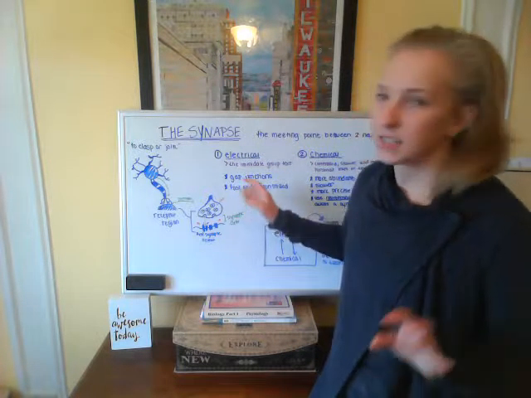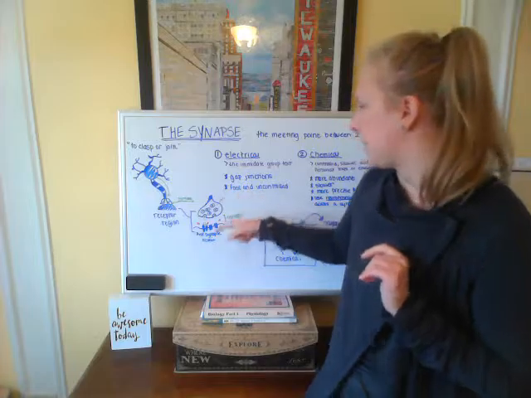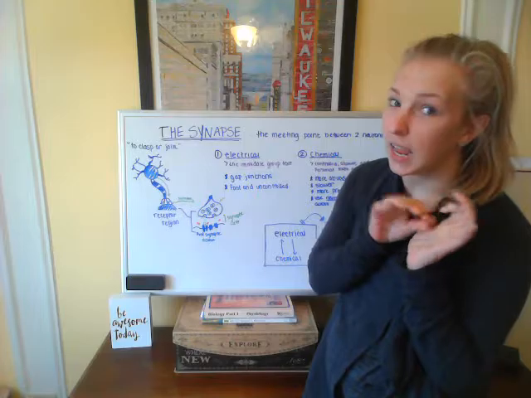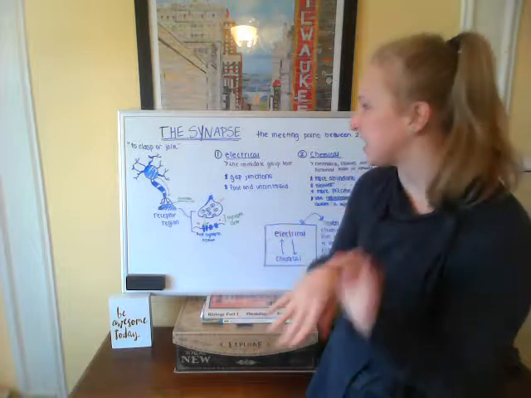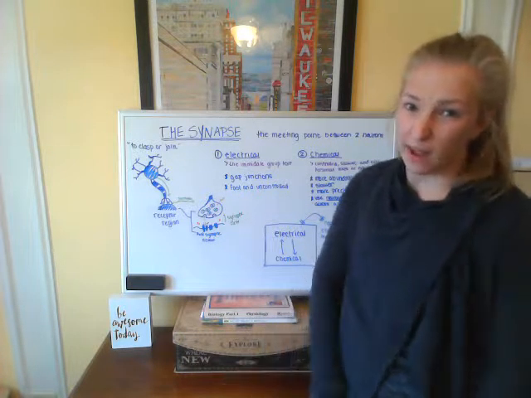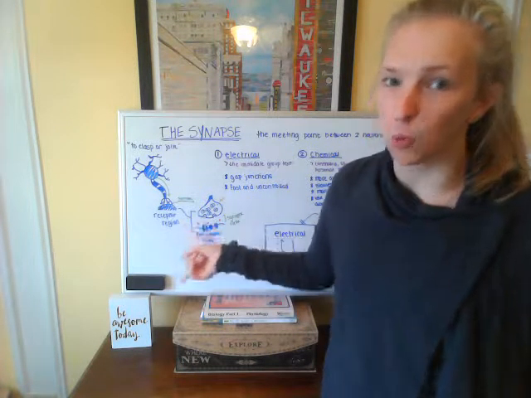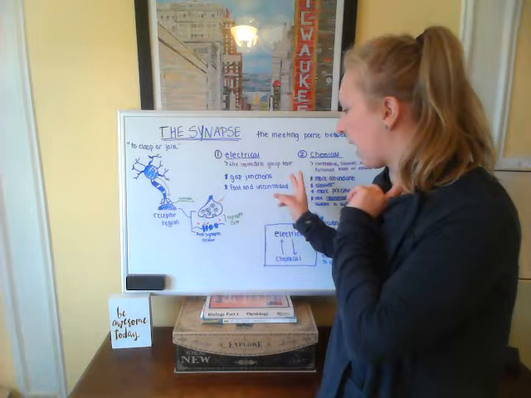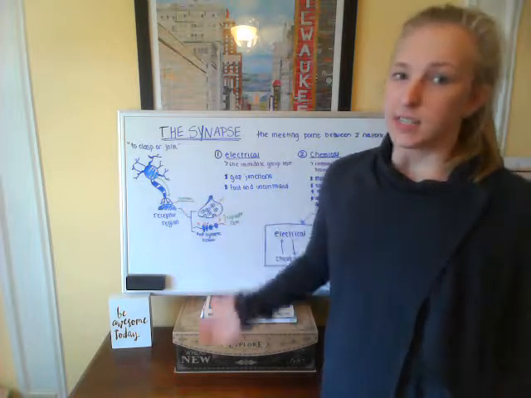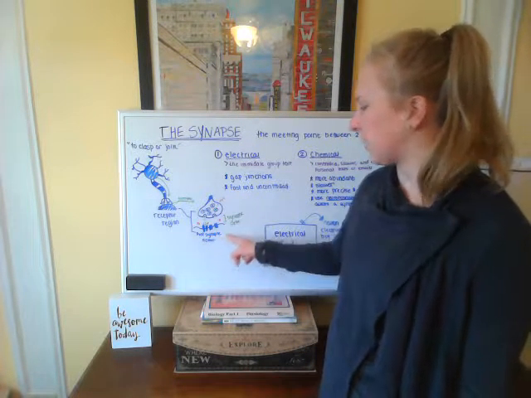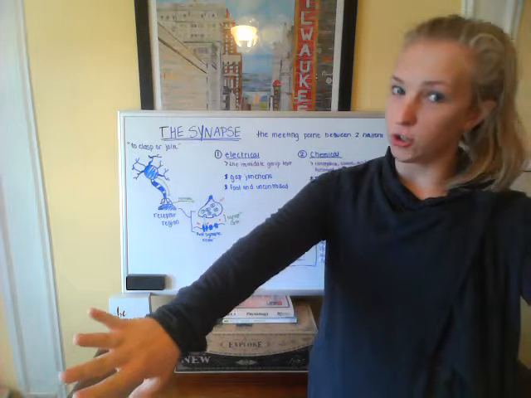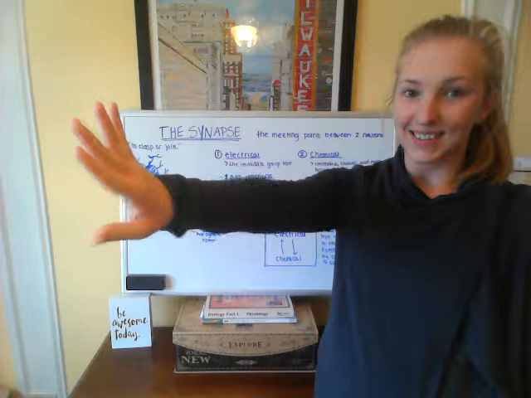So calcium comes in and we have these little sacks of neurotransmitters, and the calcium comes in and it's positive, and it's pushing down the neurotransmitters, and it pushes them out into the synaptic cleft, or the gap, where they are sent onto little receptors on the postsynaptic neuron, where they then go in and send their signal to the next neuron.